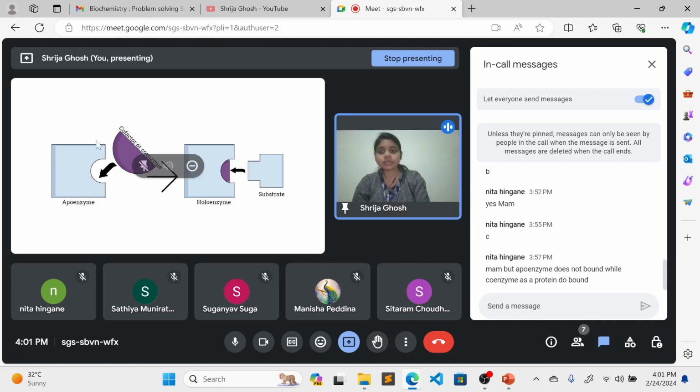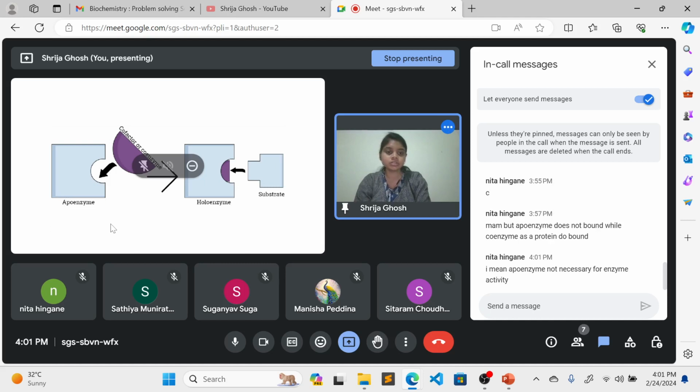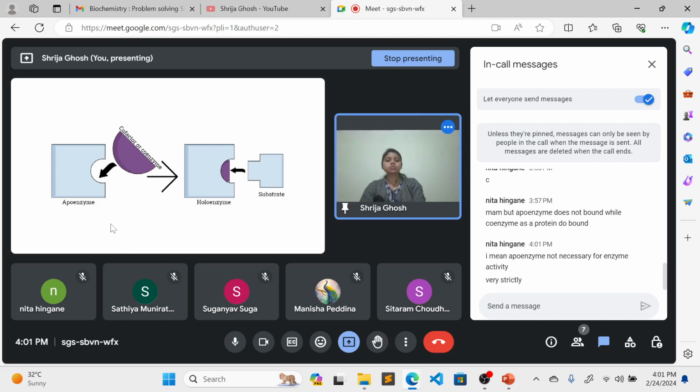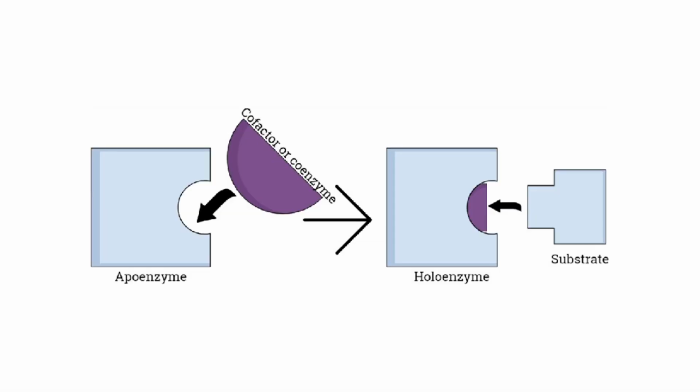So coenzyme is the cofactor that is binding to the enzyme. So this blue part that is shown here. Apoenzyme not necessary for enzyme activity. So no, I think you are not getting the point here.